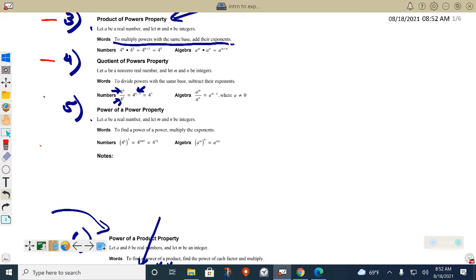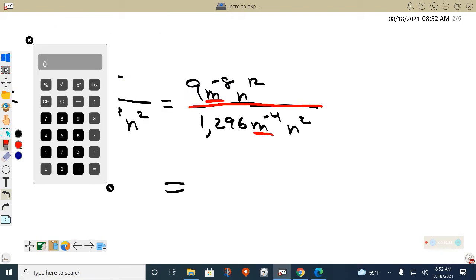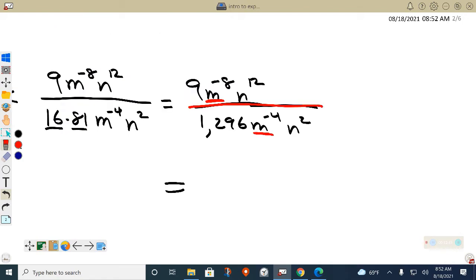Let's see, was it 4? Yeah. If you're dividing with the same base, subtract the exponents. Look at the examples here. Nice. Exactly. Academic language.